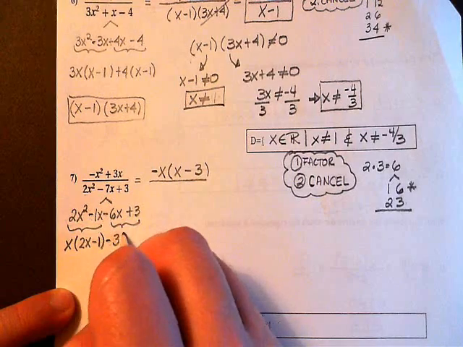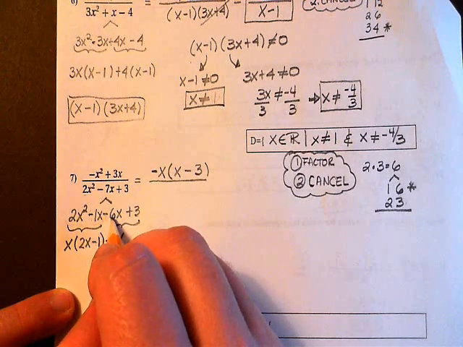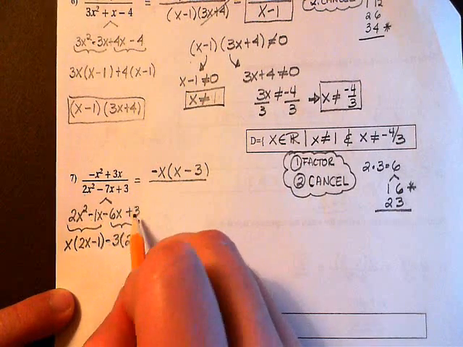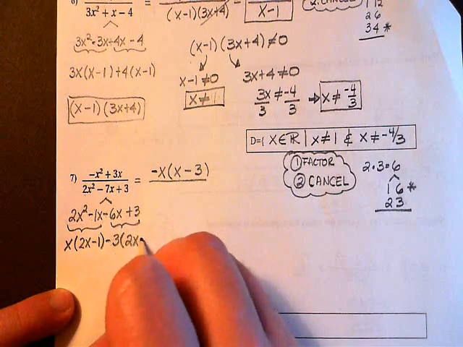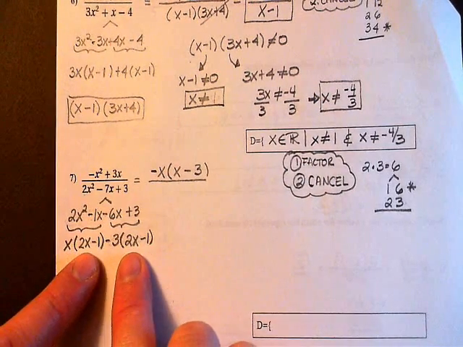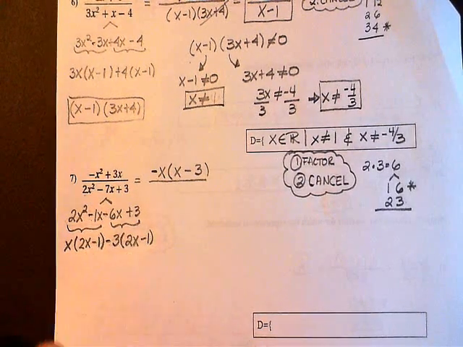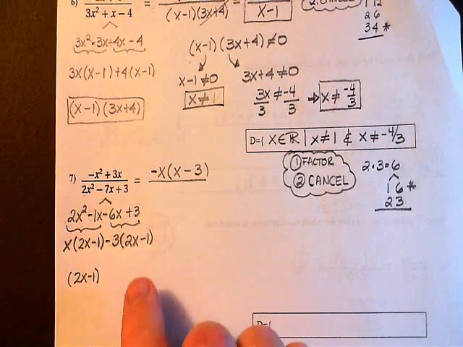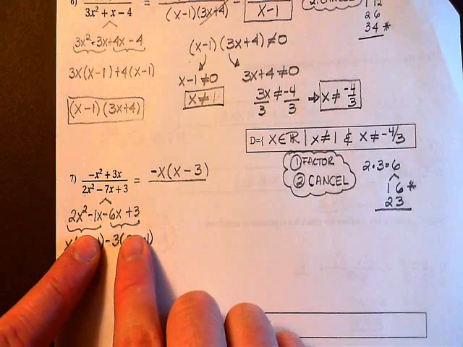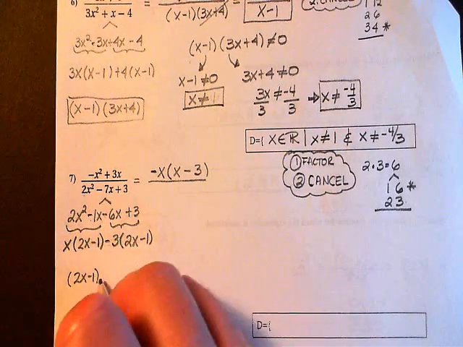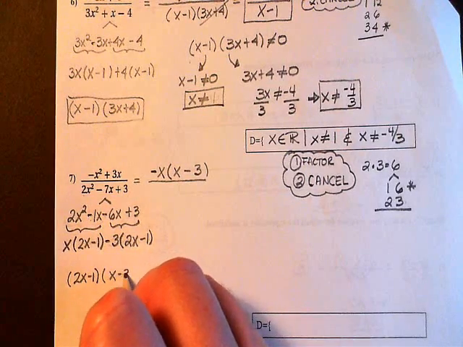Answer is 3. So negative 6x divided by negative 3 gives me a positive 2x. And positive 3 divided by negative 3 gives me a negative 1. And we should expect to see something in common. And we do see that, 2x minus 1. So that means we're going to factor that out, 2x minus 1. So if I remove the 2x minus 1 from both terms, what I'm left with is x minus 3. So that's what we're going to have in the second parenthesis.